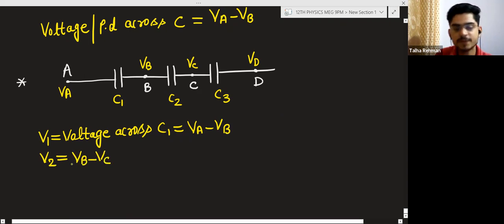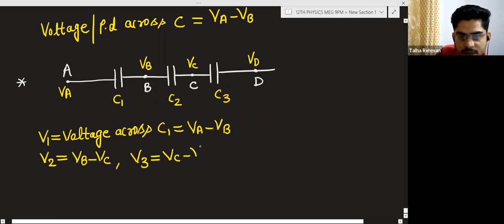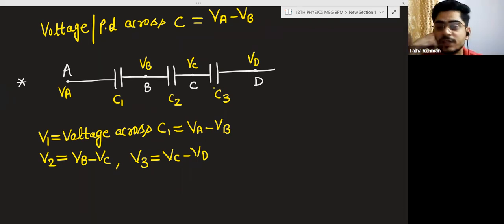Remember, VB is potential and VB minus VC is potential difference. That is known as voltage. If you want to calculate V3, that will be VC minus VD. V3 is the potential difference across C3.